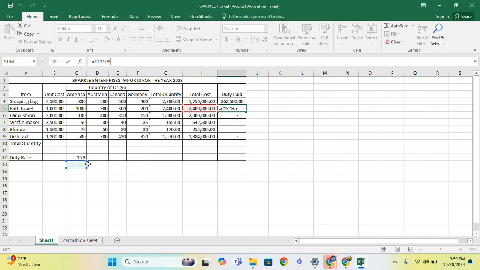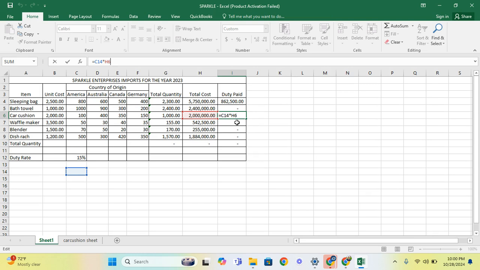That is the duty rate that is in the cell C12. Again, if I click inside here, we can see that I'm multiplying C14 by H6. So H6 is okay, but C14, we don't have any value, and that is why we are having dashes here or zeros here.